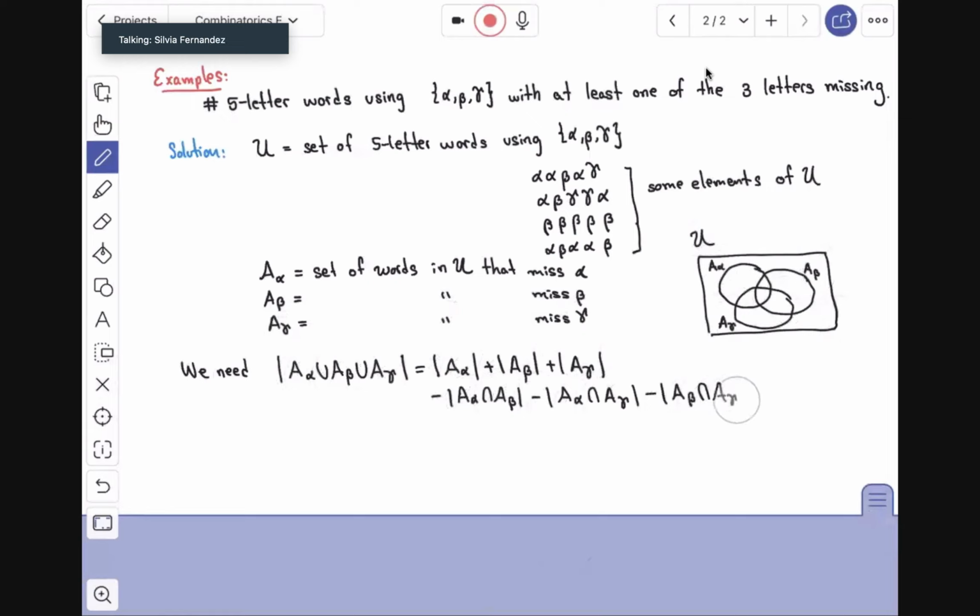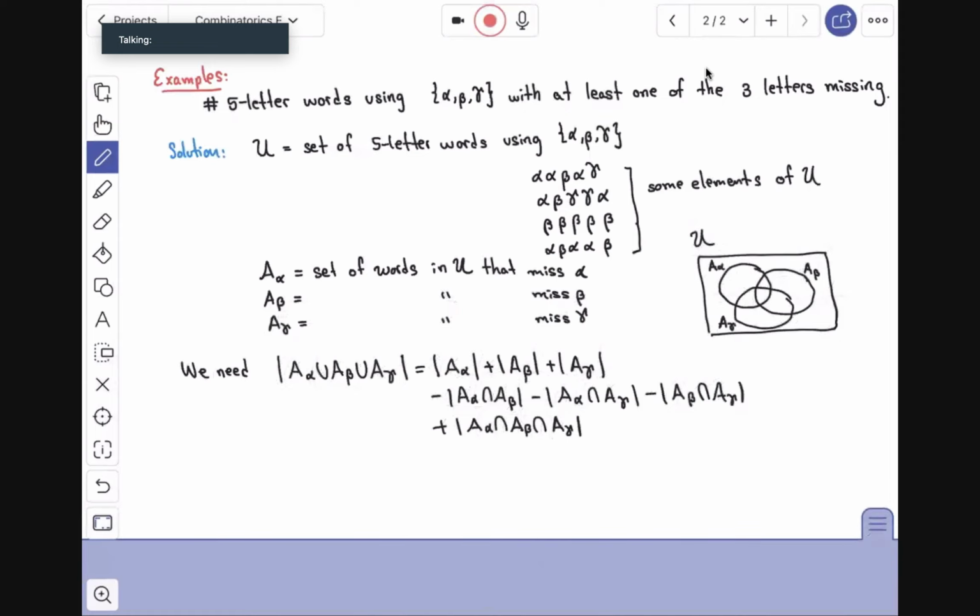And then we add the triple intersection. So I need to know what is the cardinality of all of those?